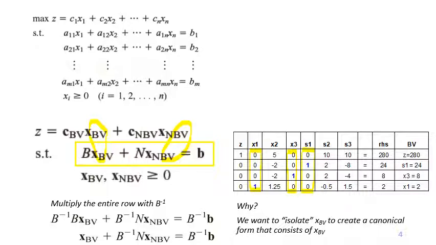So they're just S1, X3, and X1. So in other words, when we multiply the entire row with B inverse, we try to isolate the variables that are basic variables. So we isolate XBV by itself such that it represents the canonical form that we have on the optimal table of the simplex algorithm.